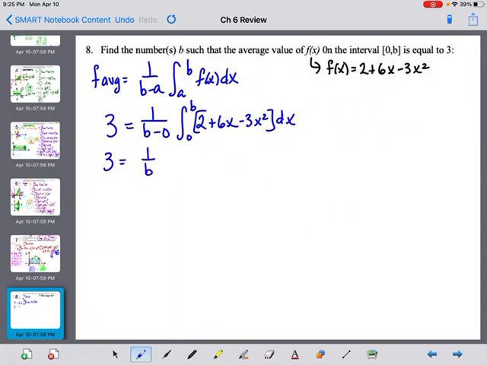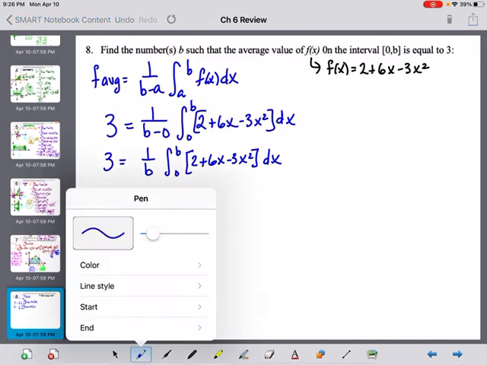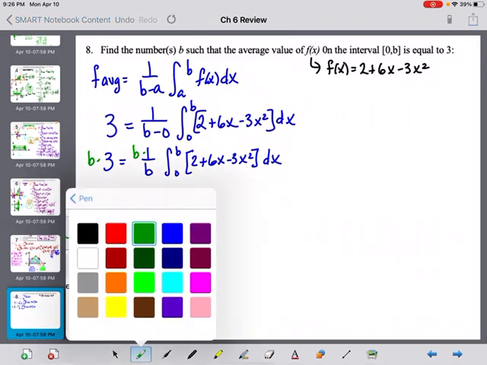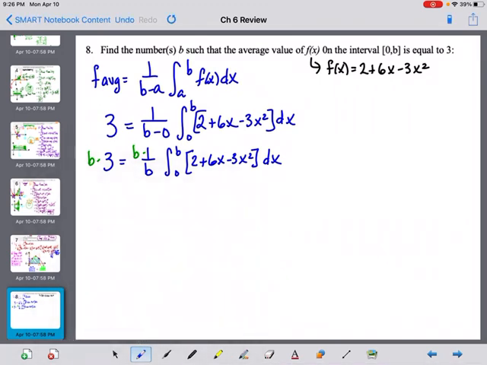So I've got 3 equals 1 over b times the integral from 0 to b of 2 plus 6x minus 3x squared dx. I am going to multiply both sides by b, so multiply by b, multiply by b.